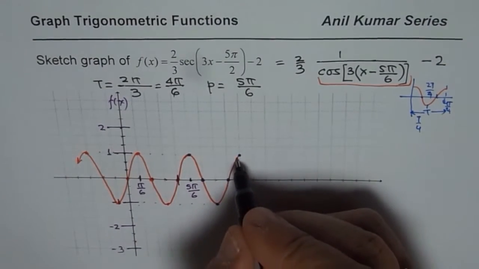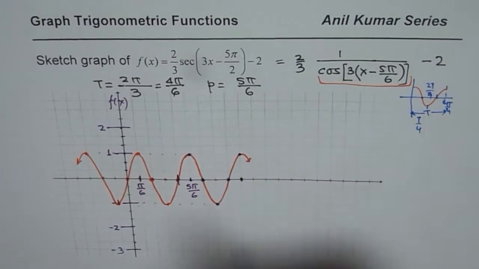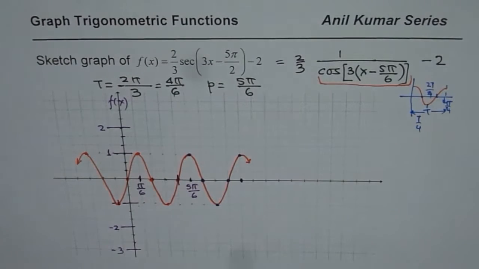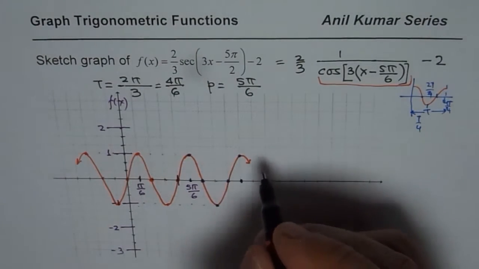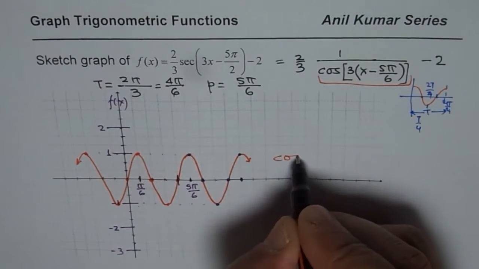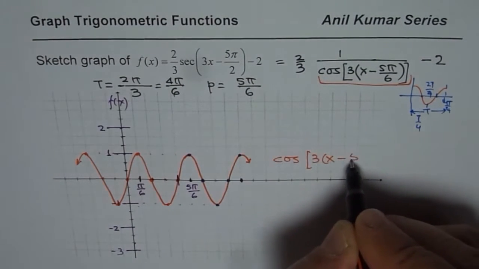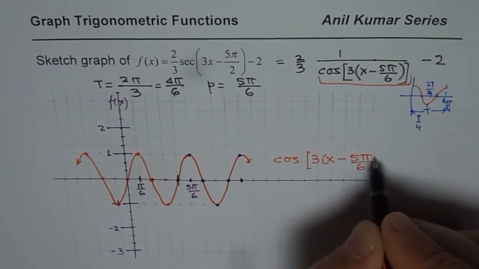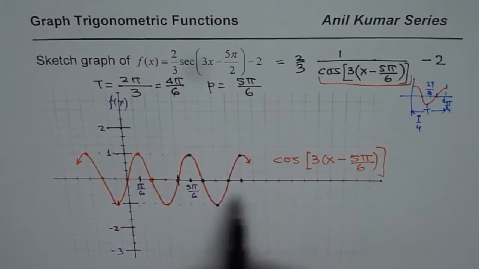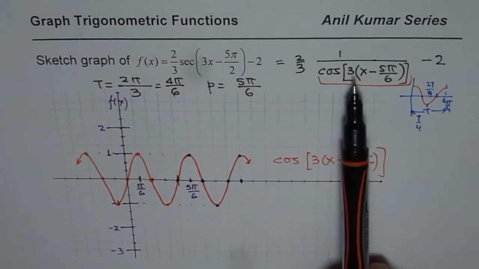So let me just draw this. Is it okay? That is the function which we are saying is cos of 3x minus 5 pi by 6. And since the domain is all real numbers for cosine, it just goes on and on. So we got that part.